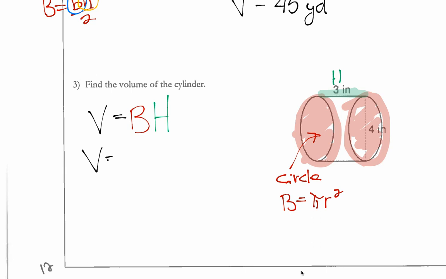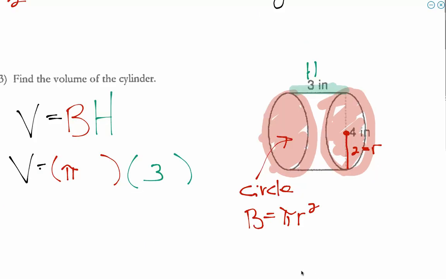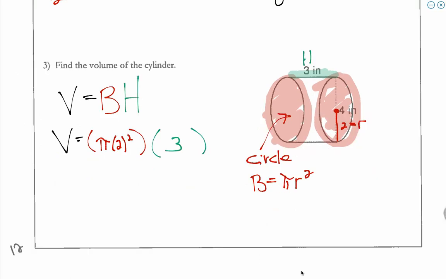Now I'm still going to the side to show you guys the formula you should be using, but I'm staying inside my formula here. So pi r is 2. So that's volume equals 4 pi times 3, which is 12 pi, which is a nice way to leave it.